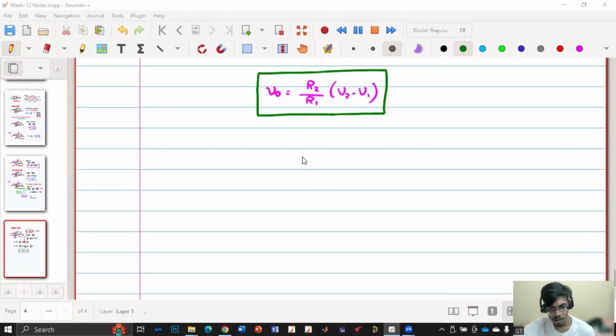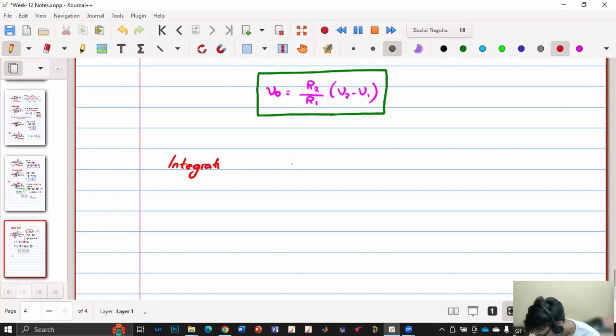Now we'll talk about integrator and differentiator. Integrator circuit.